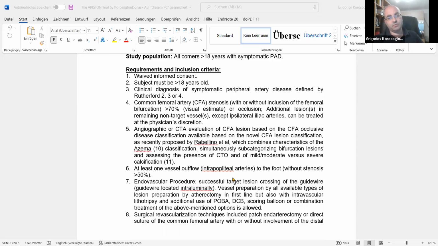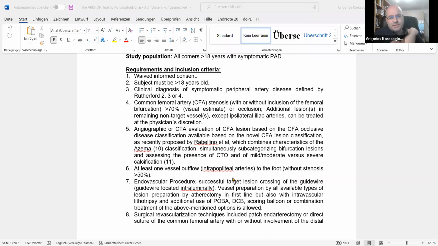Patients have to be older than 18 years. We decided to include patients with Rutherford categories 2, 3, or 4, but of course this is also a matter of discussion for today. We also decided to include common femoral artery stenosis or occlusions.